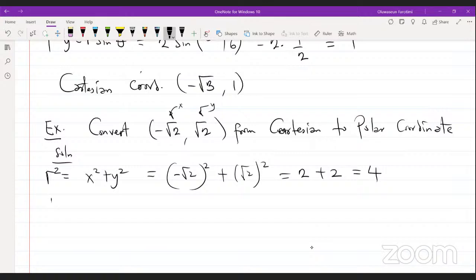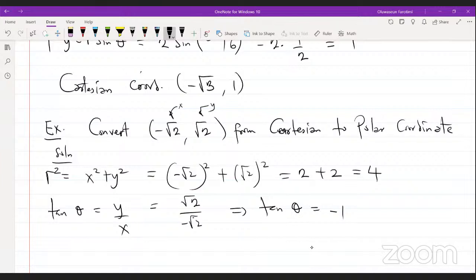Now, what is the other one? We had tan of theta equals y over x. My y is square root of 2 over negative square root of 2, so tan of theta equals negative 1.